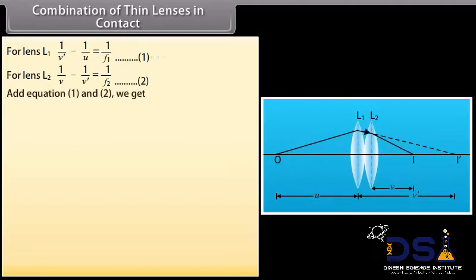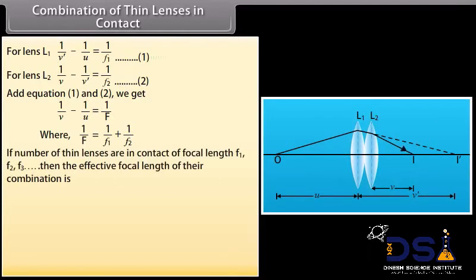Add equations 1 and 2 and we get 1/v minus 1/u is equal to 1/f, where 1/f is equal to 1/f1 plus 1/f2. If a number of thin lenses of focal lengths f1, f2, f3 are in contact, then the effective focal length of their combination is 1/f is equal to 1/f1 plus 1/f2 plus 1/f3 and so on.